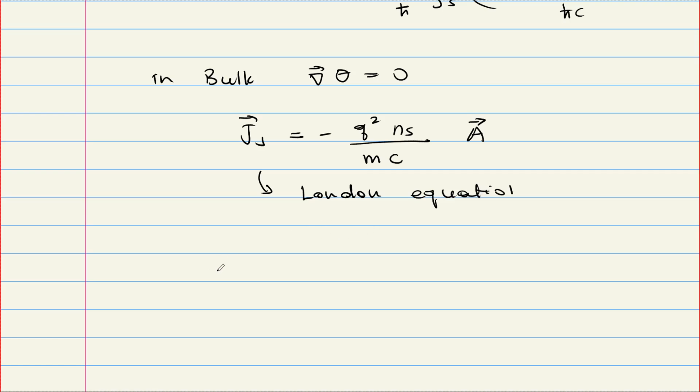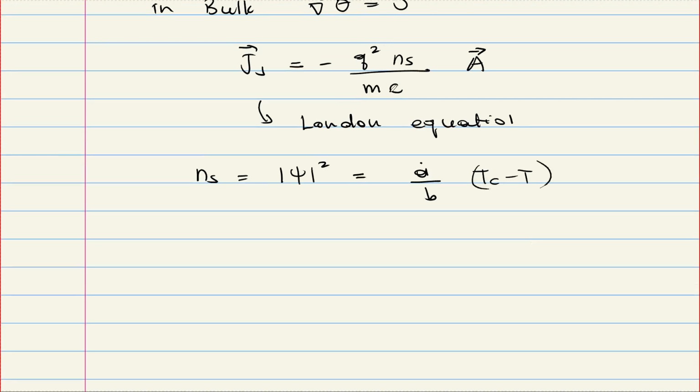In the London equation, here this ns is psi squared, and we know this is A dot over B, Tc minus T. If you calculate, this is 1 over lambda squared. If you calculate the London penetration depth, let me write not the square but itself, it is going to be this mB divided by, there are some factors, let me not write this, something like e squared A dot.